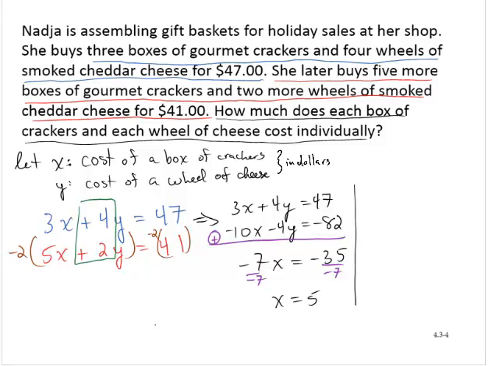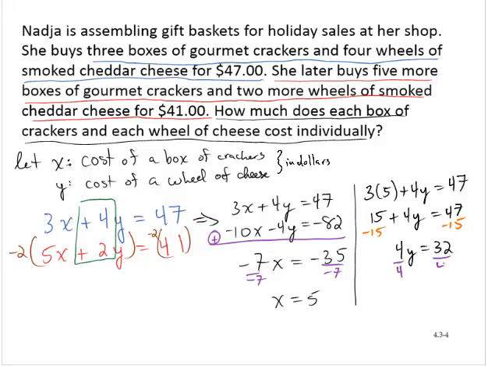Now, substituting for x, I'll just use the first equation. 3 times 5 plus 4y is equal to 47. 15 plus 4y is equal to 47. Subtracting 15 from both sides, 4y is equal to 32, and dividing through by 4, we find that y equals 8.